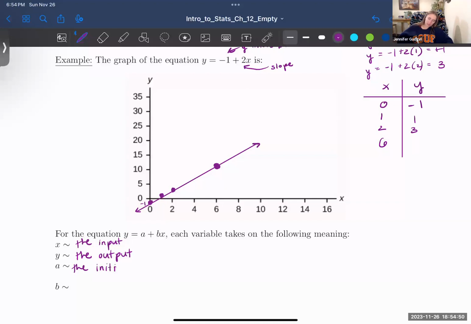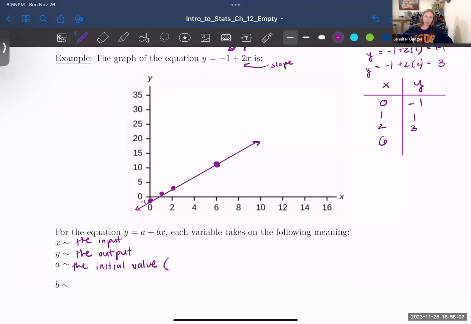It's also called the initial value because if we were talking about a distance someone travels versus the time it takes them, at time 0, wherever they started distance-wise is that initial value. That's the y-intercept. So the initial value, or in other words, how much output you begin the situation with, or the y-intercept.